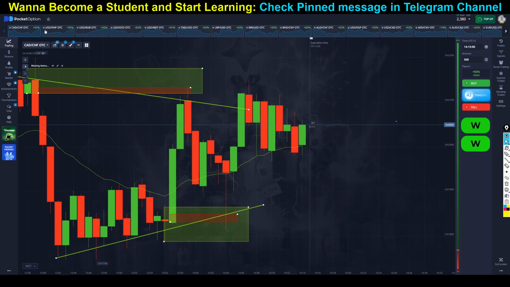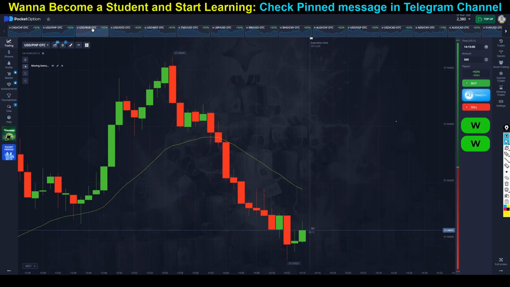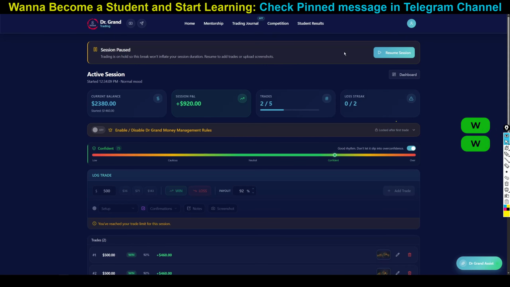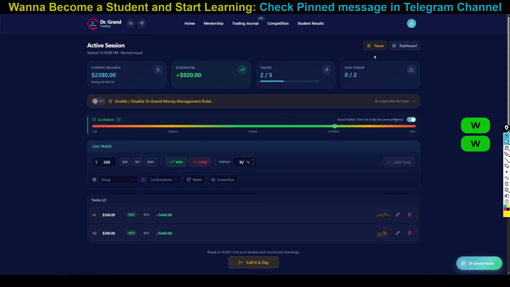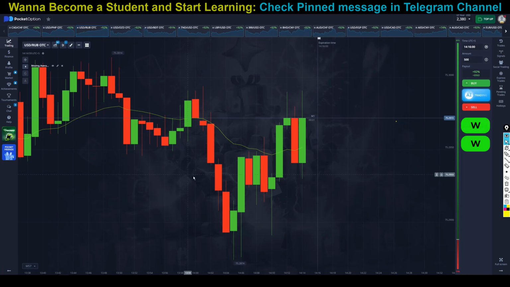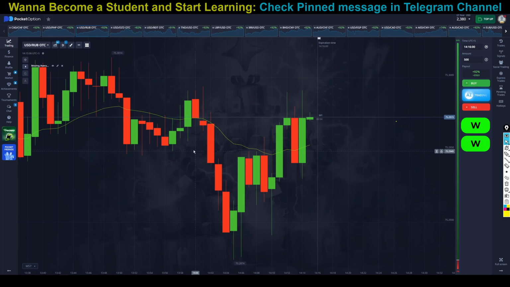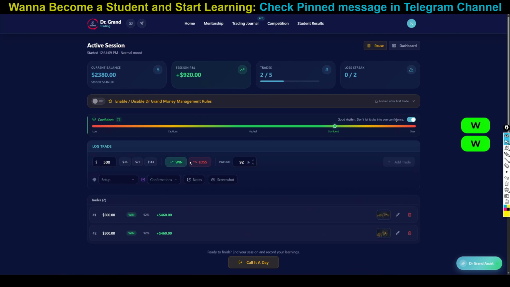Or if you get tired or frustrated, you just pause your session. You see, we do have a pause button right here. Once you pause it, your journal also pauses. Because if you pause your session, but the journal is still running, you may not take a single trade until tomorrow, which still will keep the journal running.